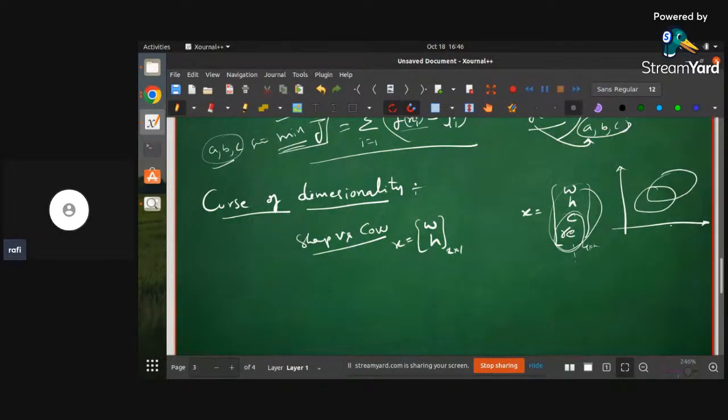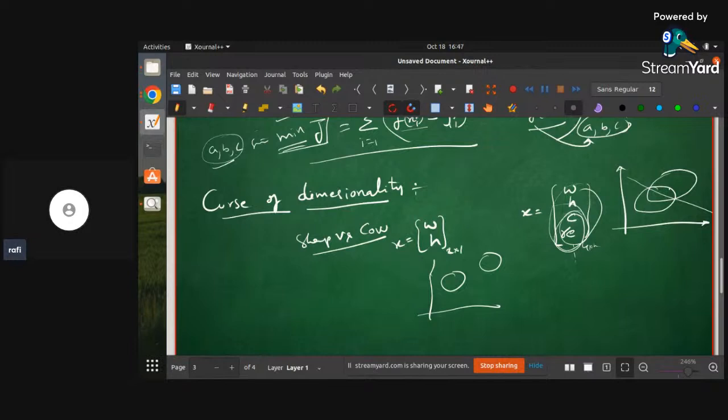They are not as differentiable as the two-dimensional case with weight and height. When you include some other features or attributes of the data, earlier they were discriminative, now they are not. There is overlap. You cannot draw any line that can differentiate these two circles. Then the classification becomes difficult.